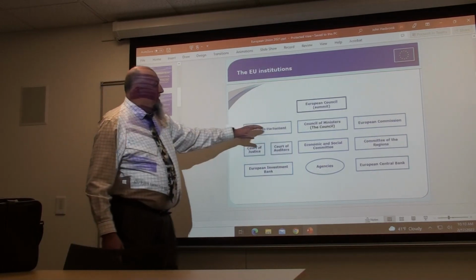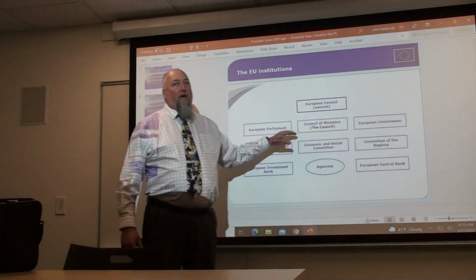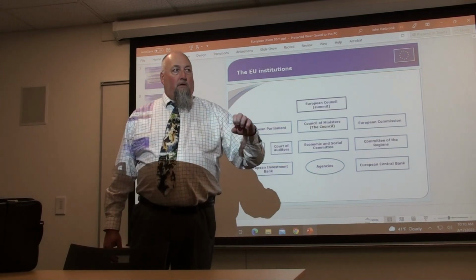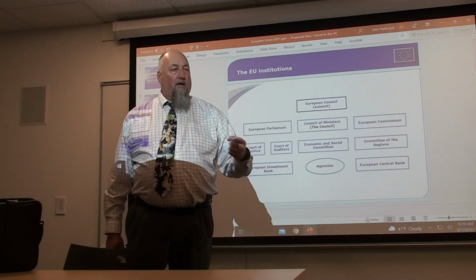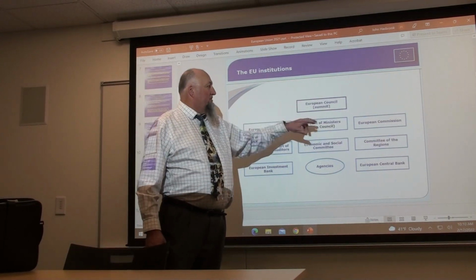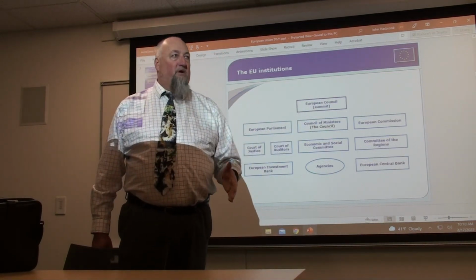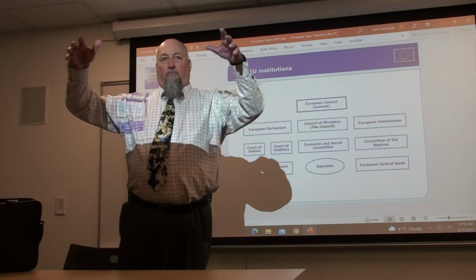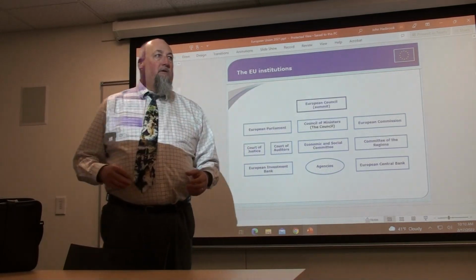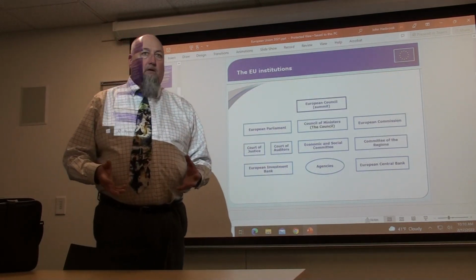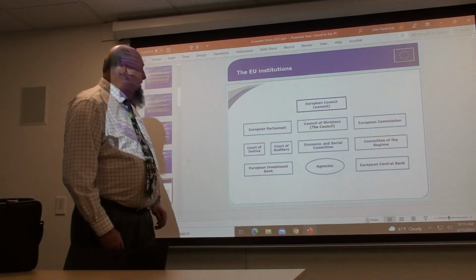So these are the three main branches that are involved in creating European Union law. You also have the European Council, which is represented by the heads of state of each member country. That's more of a broad-based policy group rather than a fundamental legislative type group.